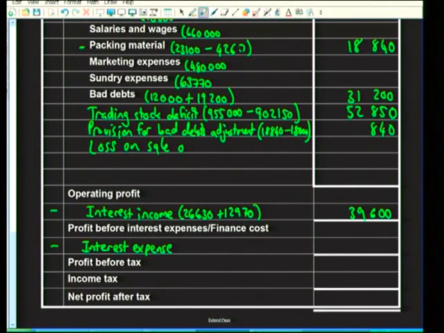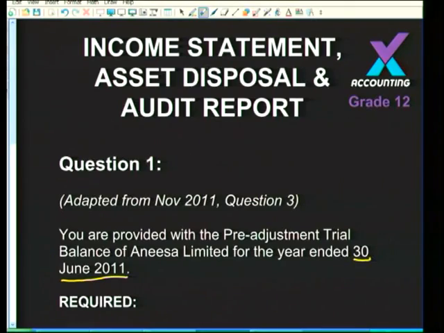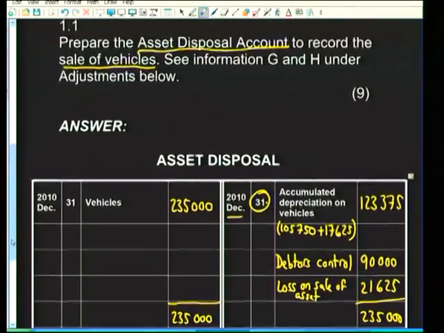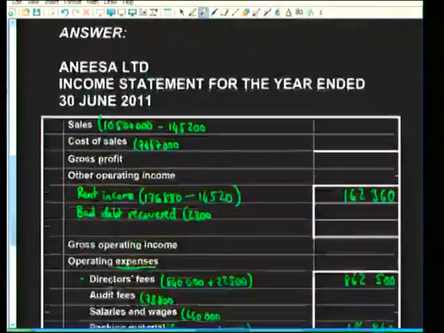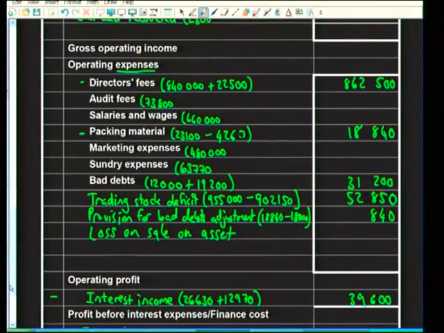And we already know what the answer was because we've done the adjustment already. Loss on sale of asset. What we did is we calculated it as 21625. Here's the answer, that 21625 I'm simply going to record in my income statement as the loss on sale of asset.